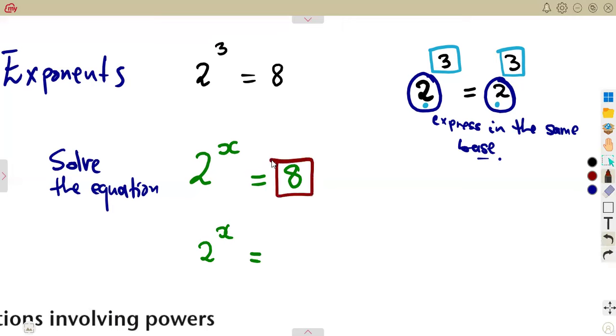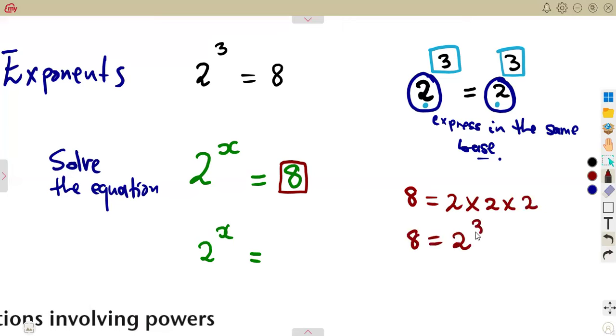Because 8 is not written as a number to the power of just 8. So how can you write 8 as a number in the base of 2? 8 in the base of 2 was taken from 2 times 2 times 2, 3 times. It was taken from 2 to the exponent of 3.